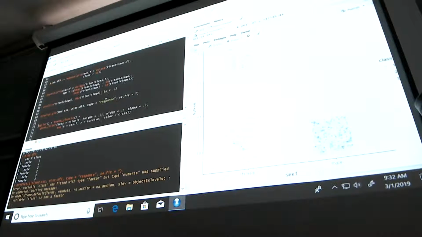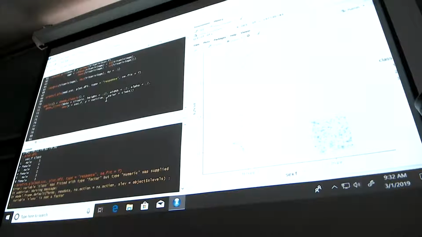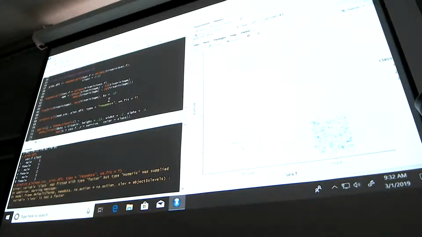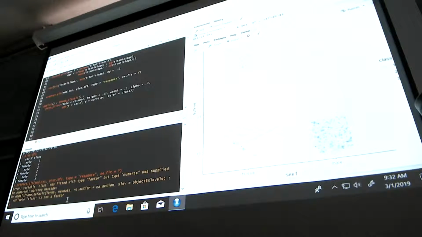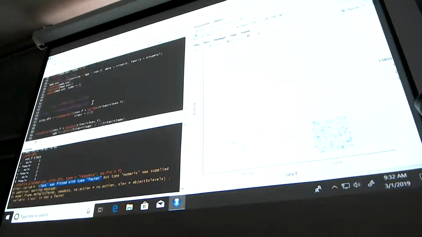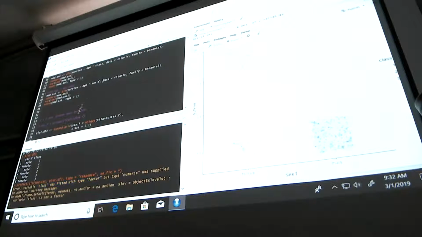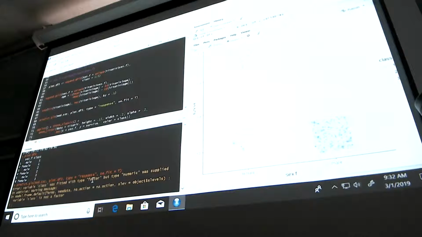What about family? Binomial family. That's all up in the model itself. And we have an error: class is a factor, but numeric was supplied. Oh, right. Here it's telling us that it's expecting a factor because in the model it has a factor, but here a numeric was supplied.